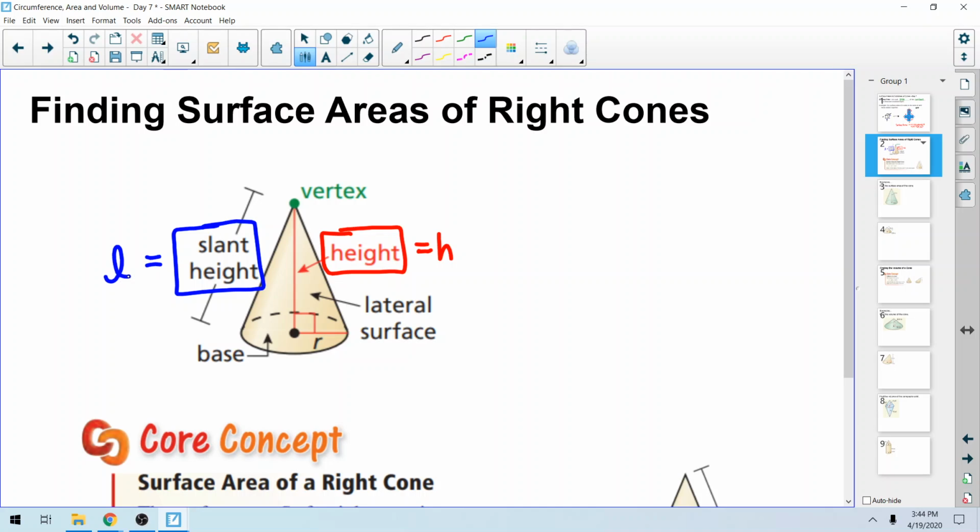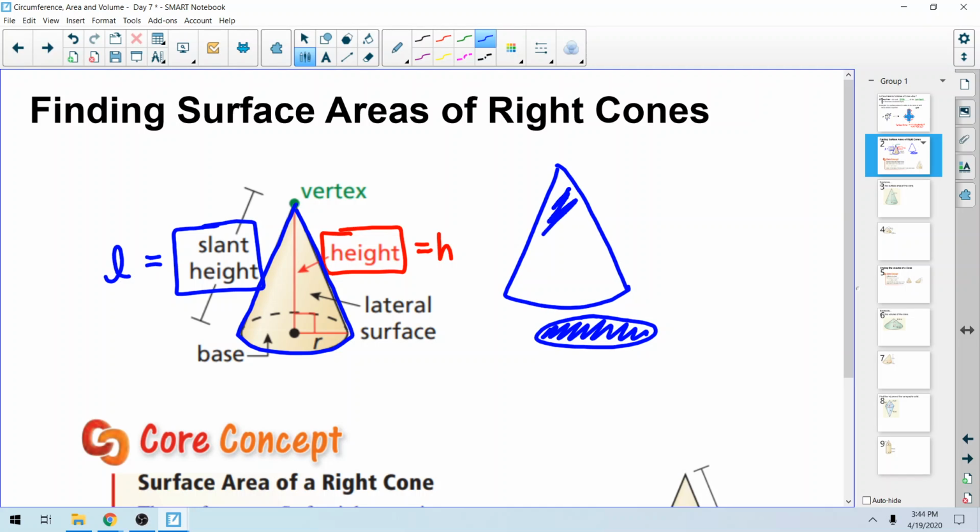Okay, now when you're finding surface area, the cone kind of has two surfaces. It has the surface on the bottom, which is its base, which is a circle. Okay, so you have to find the area of a circle. And then it also has the cone part right here, which also has a surface area that kind of goes like this.